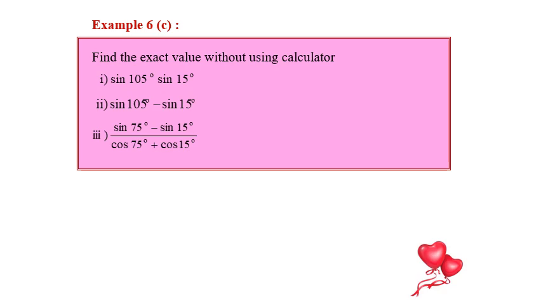Find the exact value without using a calculator. So again, the question tests us on how to use the factor formula, whether it's sum to product or product to sum. As you can see here, this is a product, so you have to use the product to sum formula, and this one here is a sum, so we have to use sum to product.